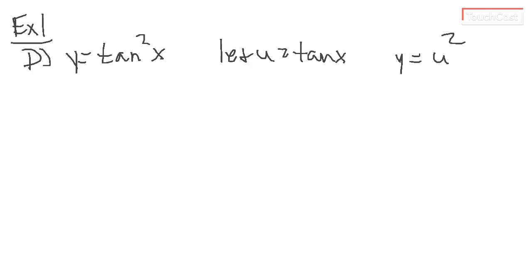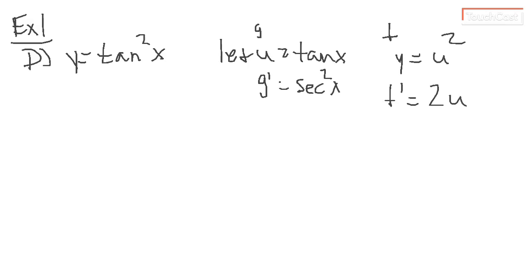So that way when I'm finding my g prime, if we're letting u be the same thing as g, that derivative is going to be secant squared x, which we learned in our last lesson that the derivative of tangent is secant squared. And then if I'm letting f be the same as y, then f prime is going to be 2u.